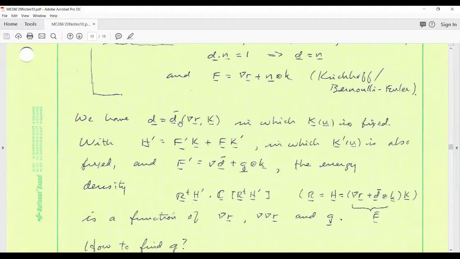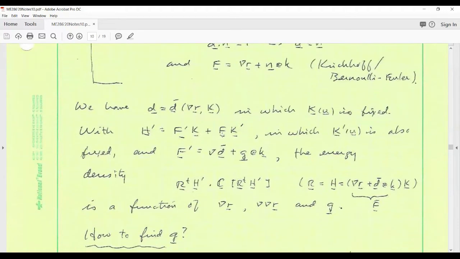Okay, so we have a procedure for computing this director field in terms of the midplane deformation, its 2D gradient, and the plastic deformation. The energy, however, remember, is proportional to this term here involving the moduli, R transpose, which is H because the stress is 0 at the midplane in pure bending. H prime involves F prime and K prime. So we need to think about K prime, that's the through thickness derivative of plastic deformation evaluated on the midplane.